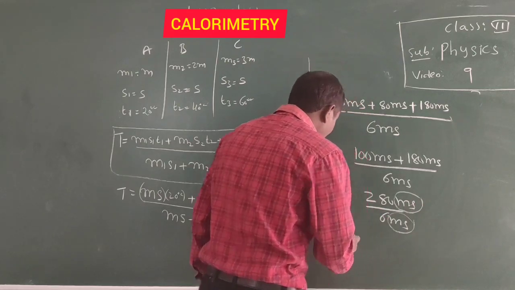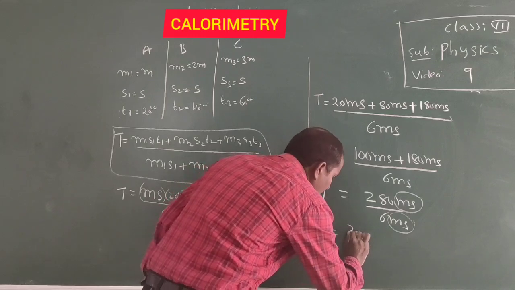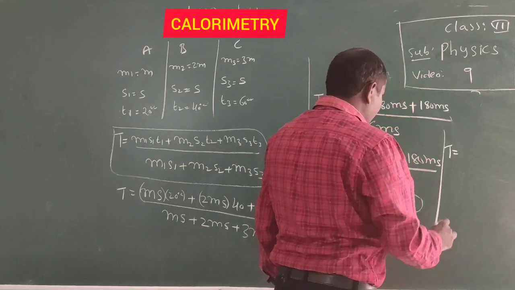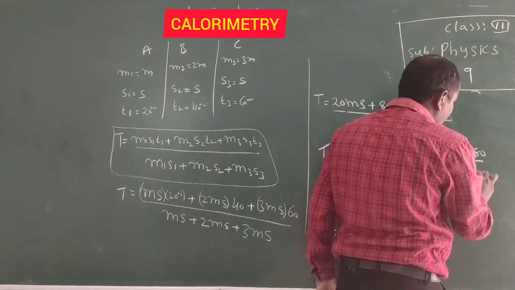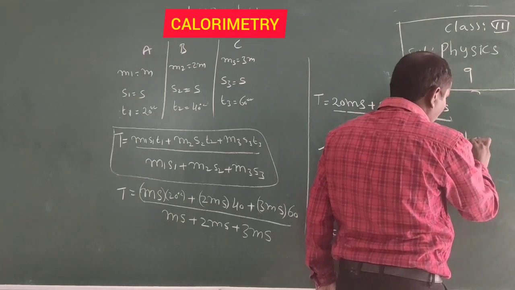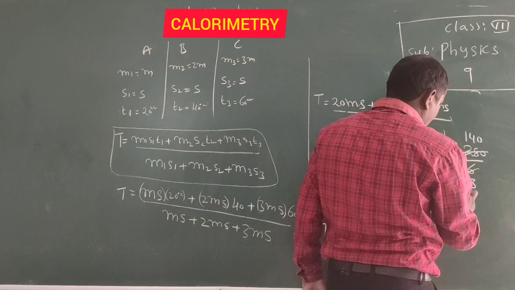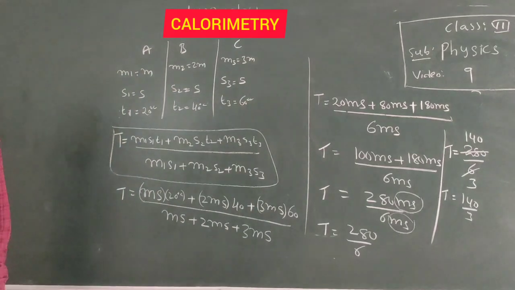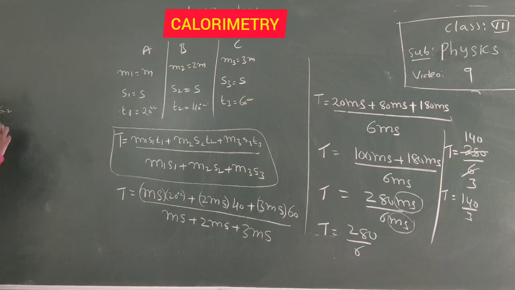T equal to 140 by 3, that equals 46.66. Remember.